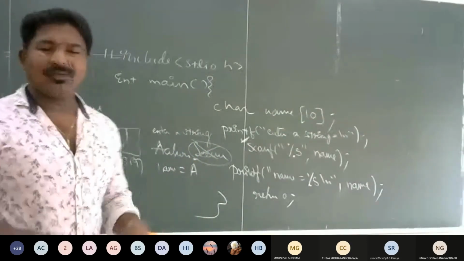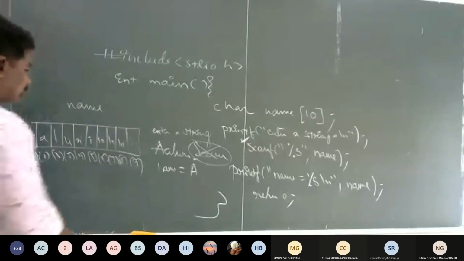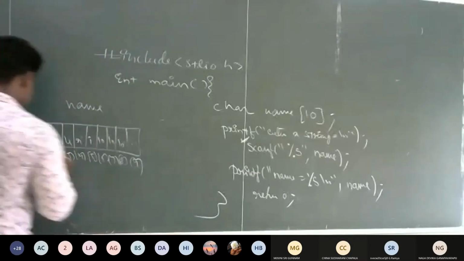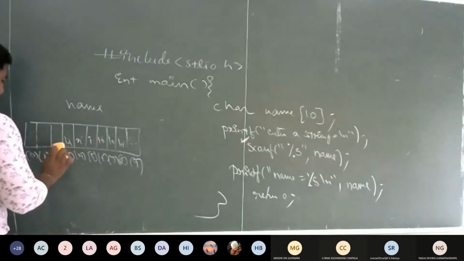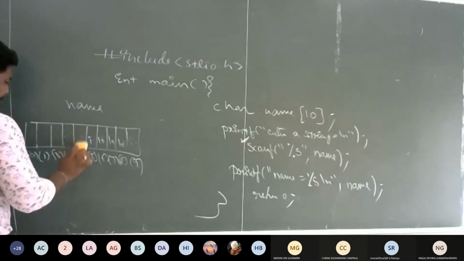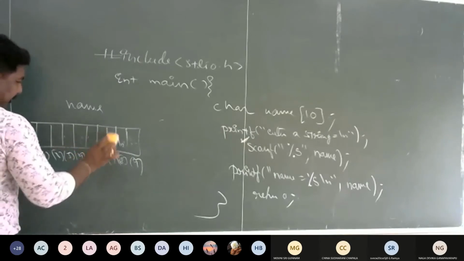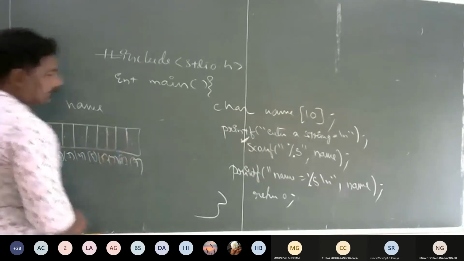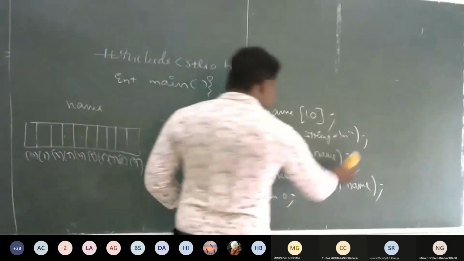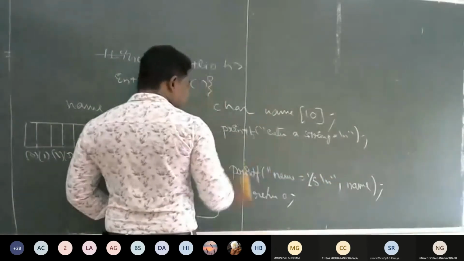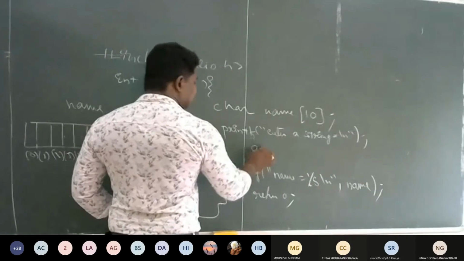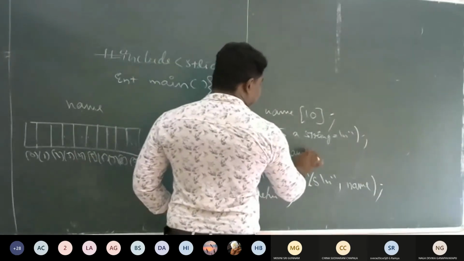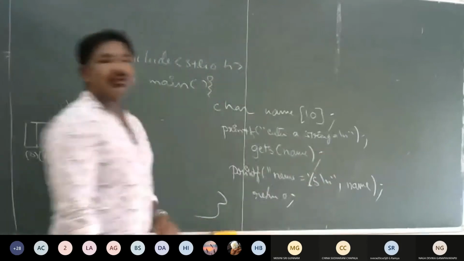So for that, how can I do that? For that concept, previously they used to use gets. gets name.